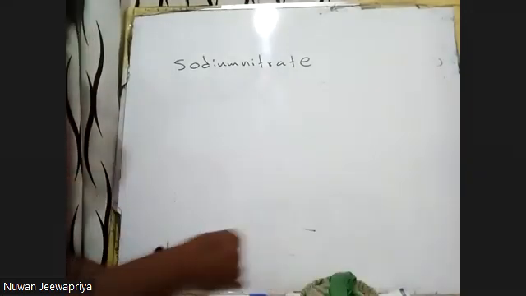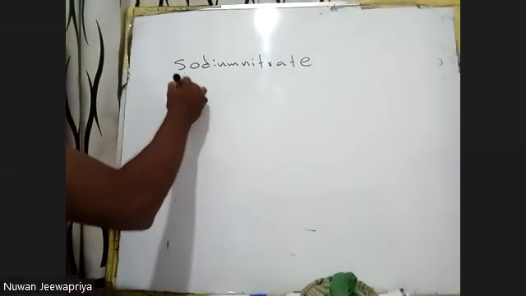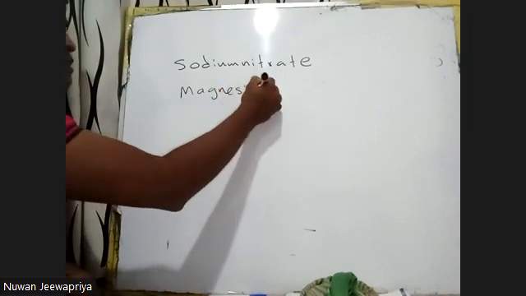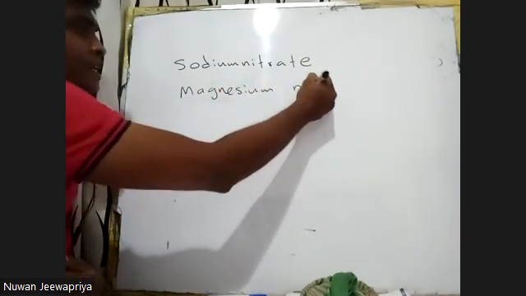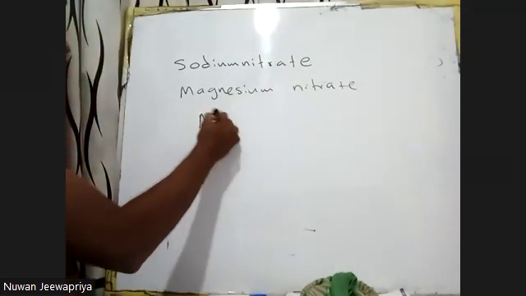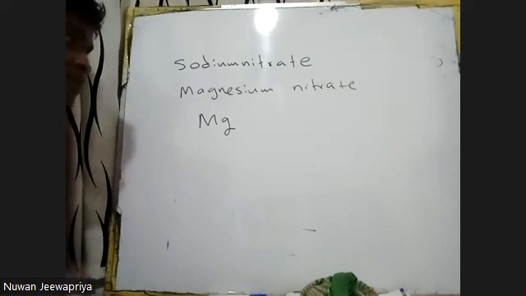See that. How do we write another one? Magnesium nitrate. Magnesium, how do we write? If you see the periodic table, magnesium is Mg.